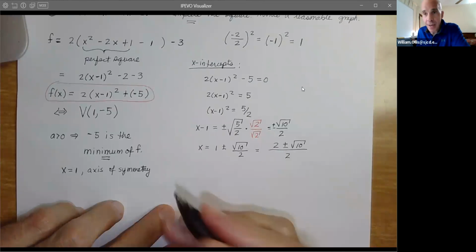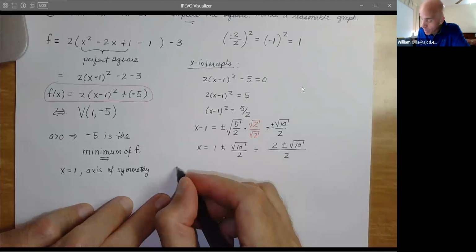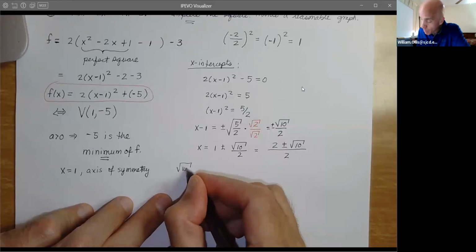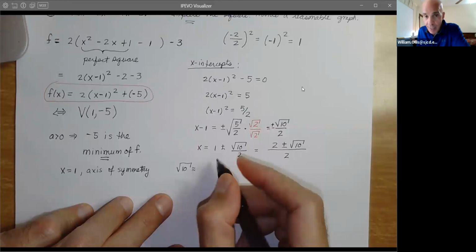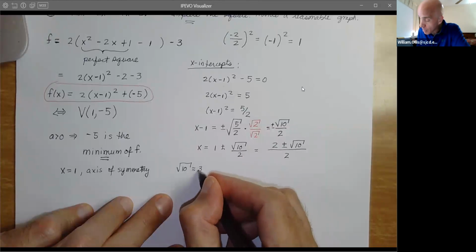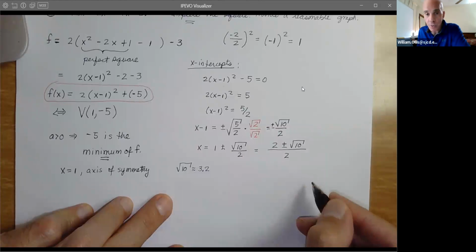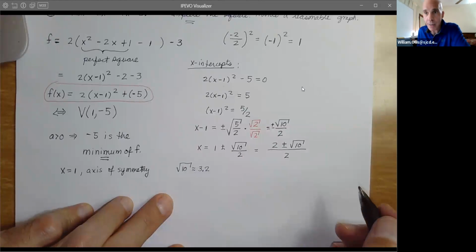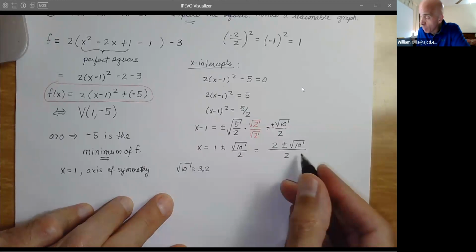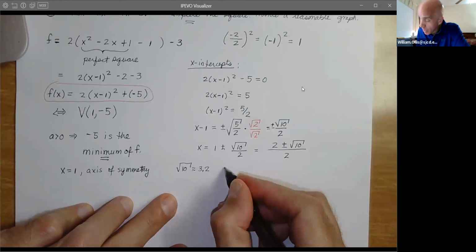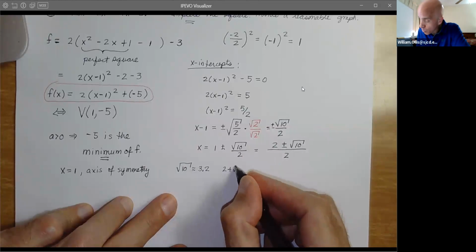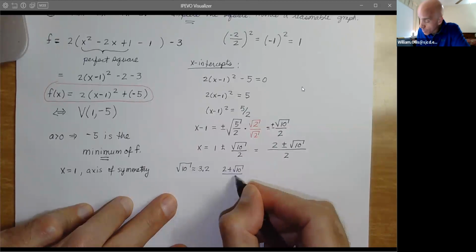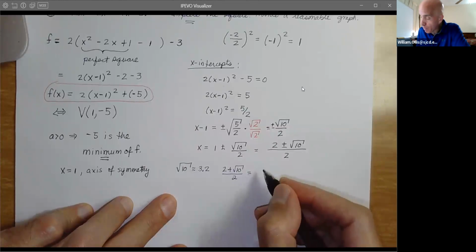And one thing I'll show you sometimes is that if we just want a cheap estimate, let's say we take the square root of 10 to be approximately 3.2. That's an overestimate, but that's okay. We'll survive. So now we have 2 plus root 10 over 2, just so we can get a nice little ballpark figure.